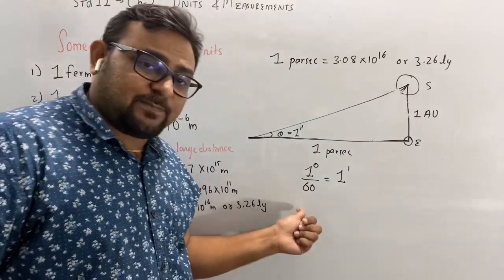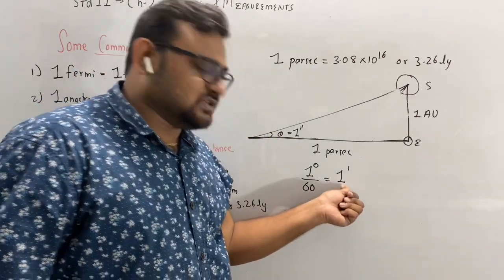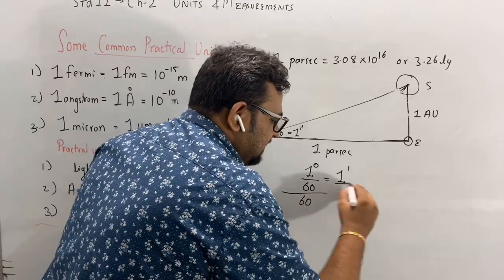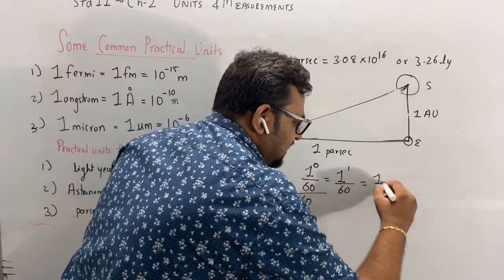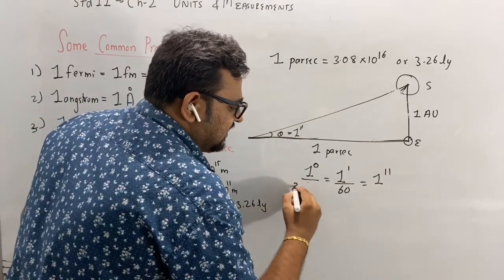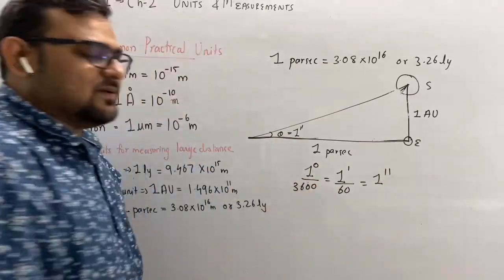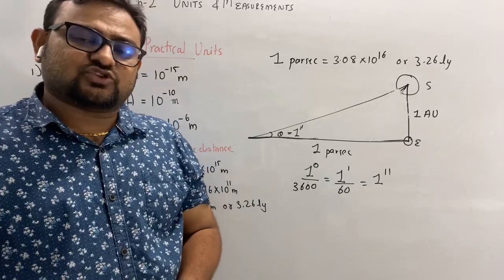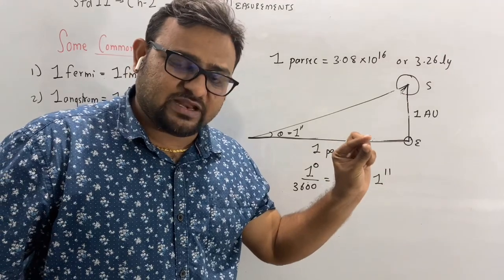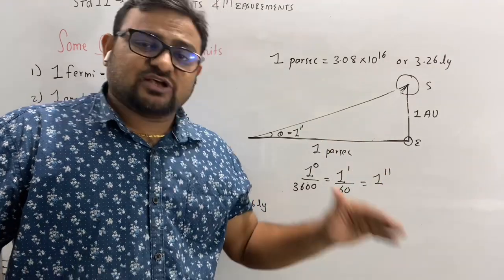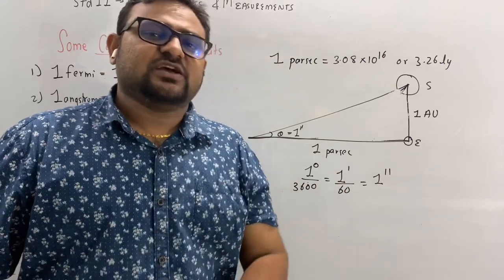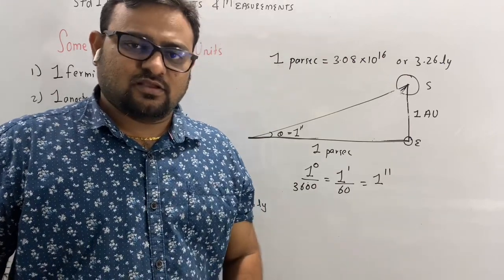Divide it into 60 parts, then one part of it is 1 minute. Again divide it by 60, then that is 1 second, or else I can write 1 degree divided by 3600. So make 60 parts of 1 degree, the smallest part is 1 minute. Again make 60 parts, so you can imagine this is a very, very small angle, right?